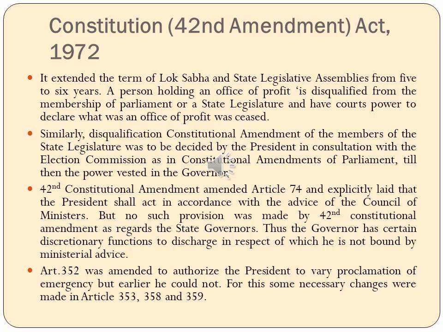So the state Governor has certain discretionary functions to discharge, in respect of which he is not bound by the ministerial advice of that state, or he is not bound by the state cabinet or the chief minister's advice. Next, Article 352 was amended to authorize the President to vary the proclamation of emergency. Earlier he could not do that, so now the President had the right to do it. So some necessary changes were made in Articles 353, 358 and 359 also.